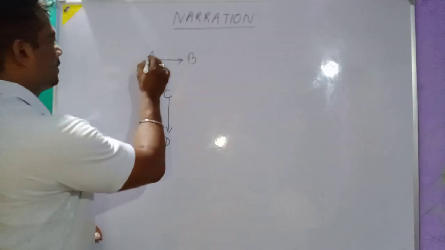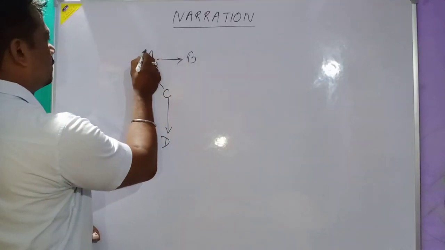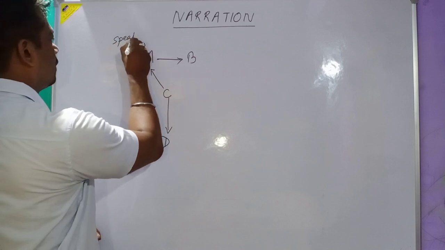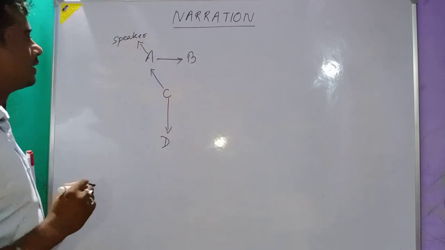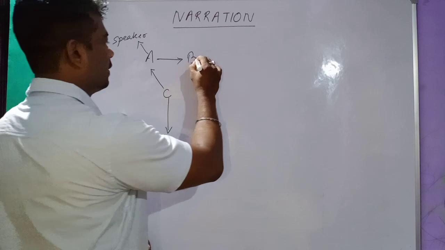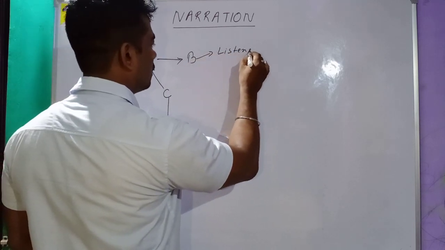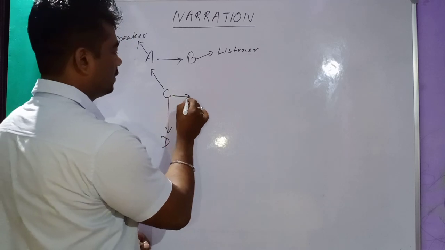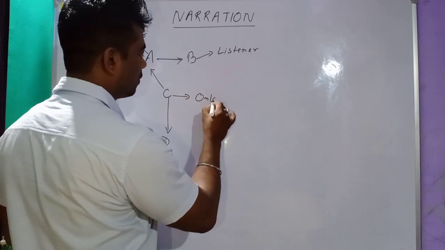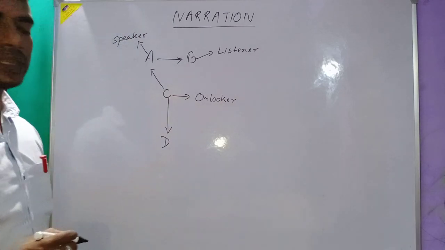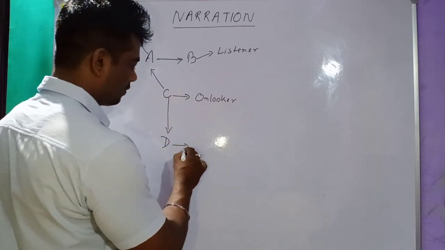Here A is the speaker, B is the listener, C is the onlooker, and D is the final listener.